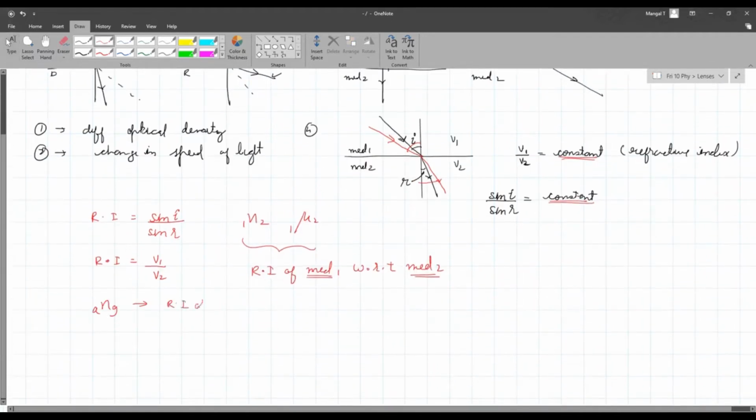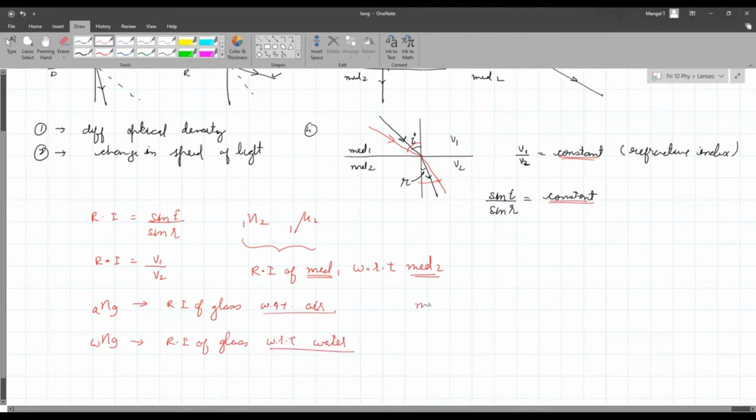This is the refractive index of glass with respect to air. This is the refractive index of glass with respect to water. So when we say refractive index of glass, it is important to mention what it is with respect to.